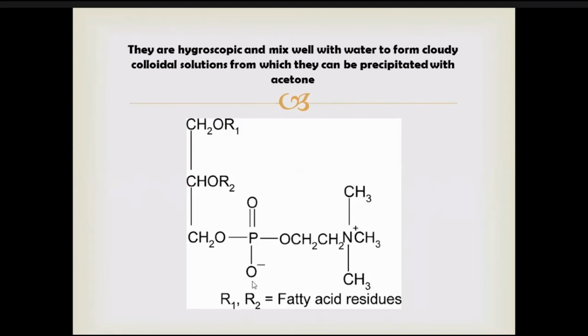This is the phosphoric acid, and through a phosphodiester linkage or an ester linkage, this nitrogenous base is attached, that is basically choline. Okay, so this is the structure of phosphatidylcholine. This is the nitrogenous base choline attached at the third carbon of glycerol, and because of that we call it phosphatidylcholine or lecithin.